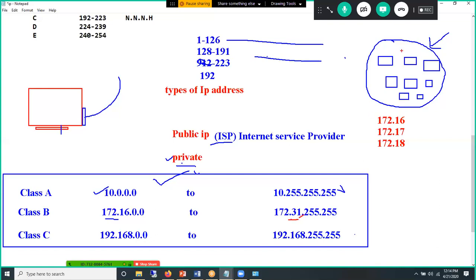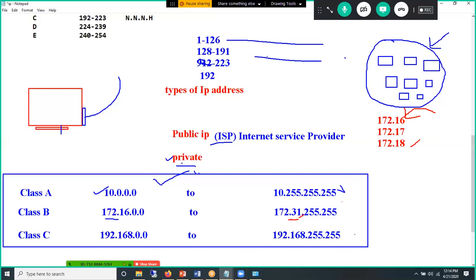That means whenever I start a company and use class B IP, it's not a condition to use 172.16 only. If I want, I can use 172.18, 172.30, 172.25, any of these ranges. Why? Because IANA has given this complete range free. This is the point you need to understand here.